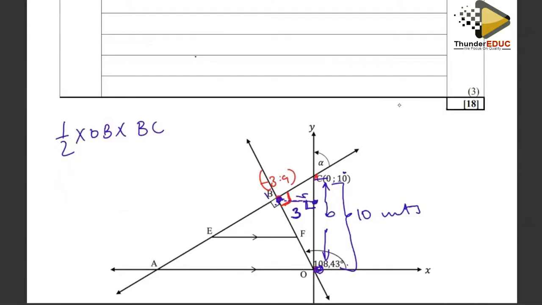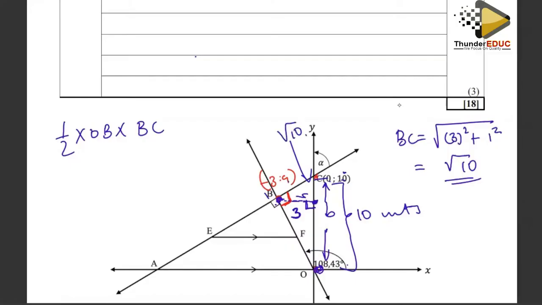The only thing that is missing is the distance of BC. For us to get BC, 0 minus 3 gives 3 squared, plus 10 minus 9 gives 1 squared. So that is 9 plus 1, which is root of 10.